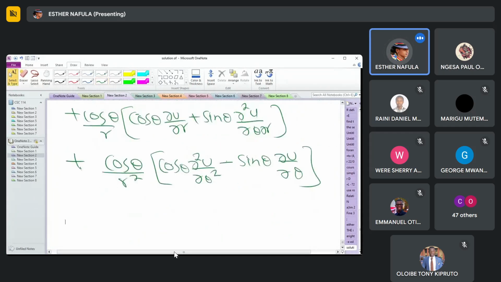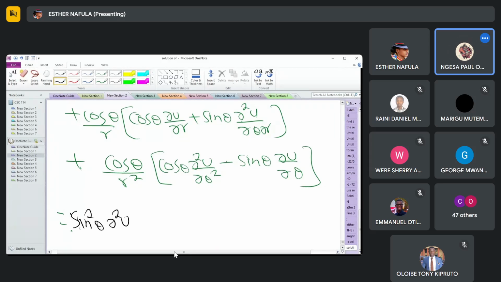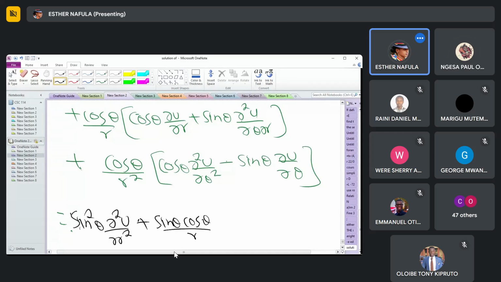Further expansion or simplification. Okay, we get sin squared theta partial squared u over partial r squared, plus sin theta cos theta over r partial squared u over partial r partial theta.